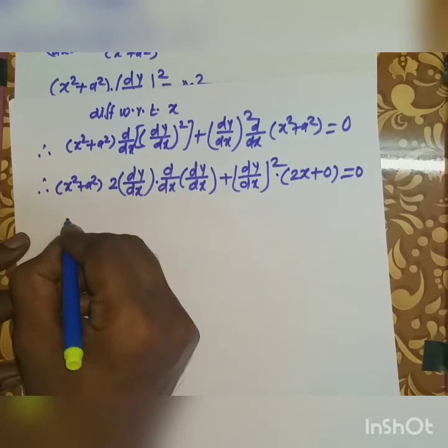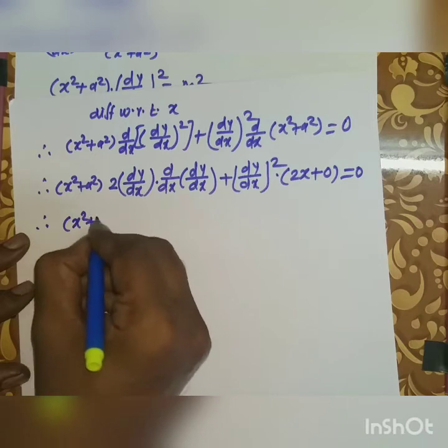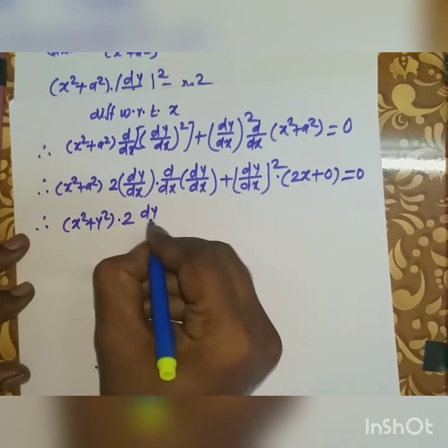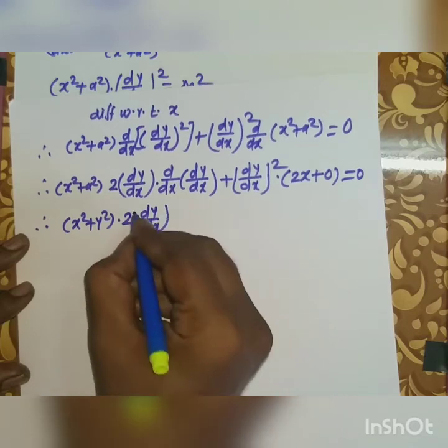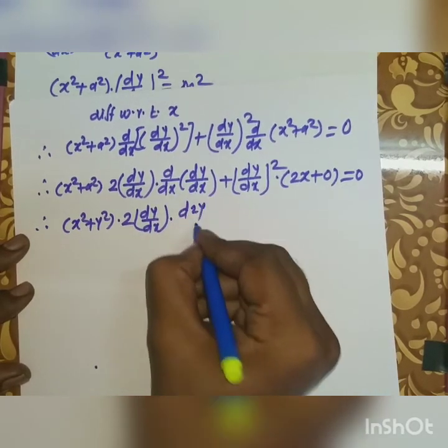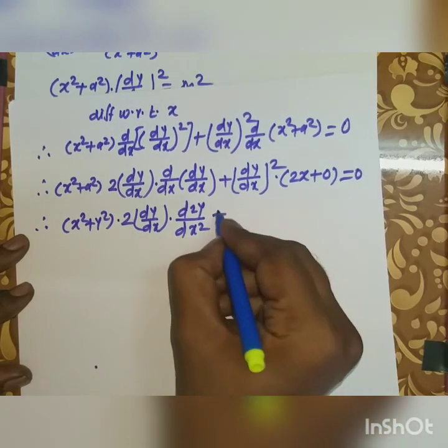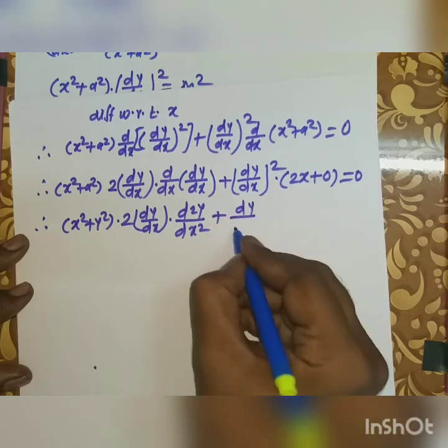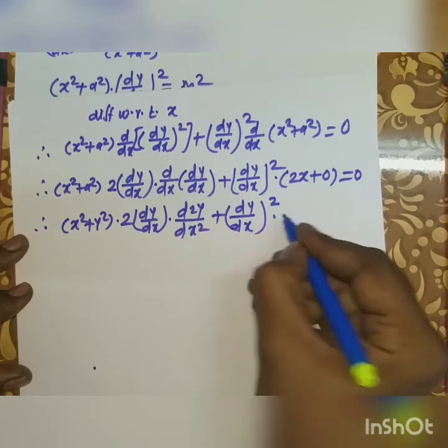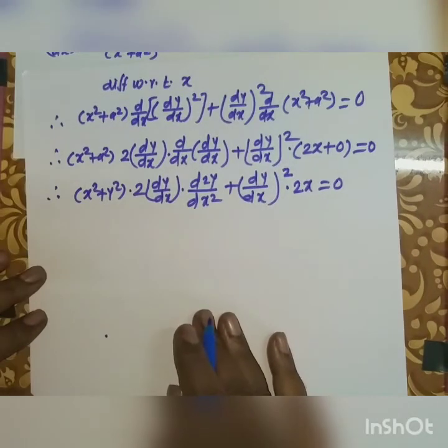Now write the next step: x square plus a square into 2 dy by dx into the second order derivative, which can be written this way, d2y by dx square, plus dy by dx bracket square into 2x is equal to 0.